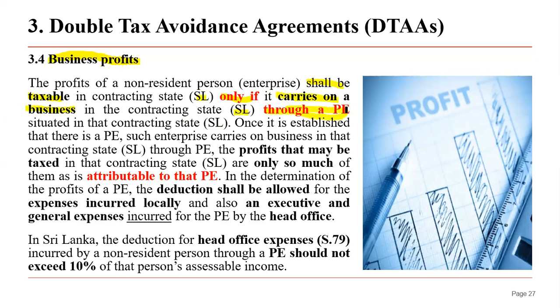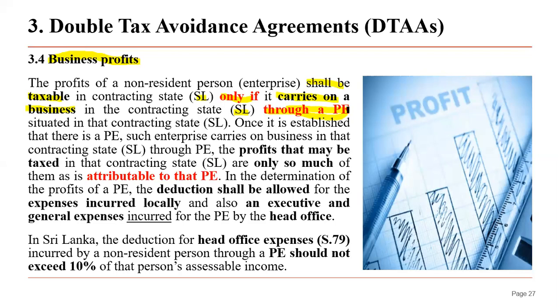We need to find out what kind of PE. Whether it is a basic PE or construction PE, agency PE, or service PE, right? If you go to the DTA, there may be some examples as well. The office, management, so many examples are given under the DTA. If you want more detail, you can refer to the DTA as well.